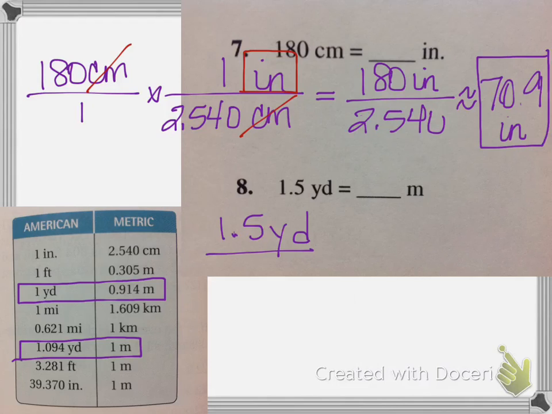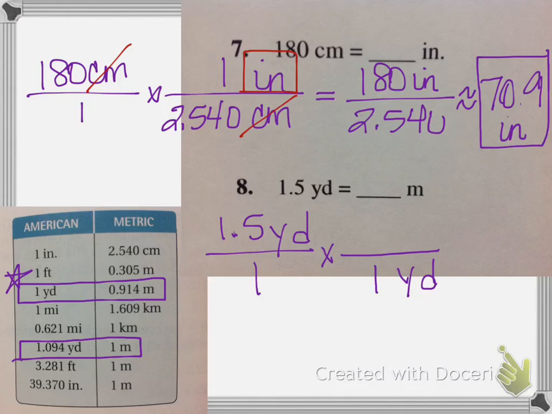So 1.5 yards over 1. Now since we want yards to cancel, yards has to be on the bottom. Keep in mind when you're multiplying or doing the math, it's always easier if it's ones in the denominator. So I've got 2 conversions and I can use either one, but to make the problem mathematically easier, I'm going to pick the one that has 1 yard, which is this top one right here.